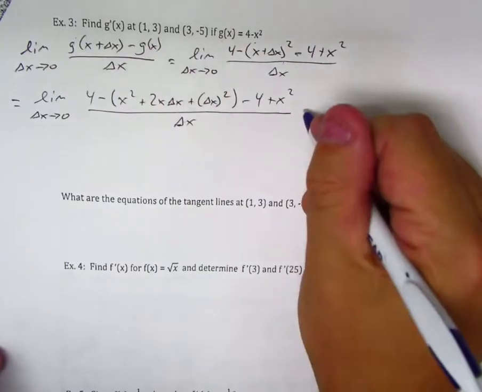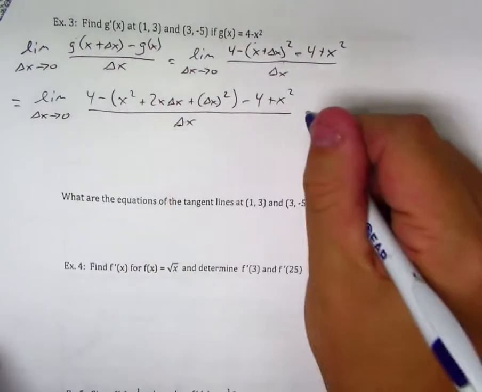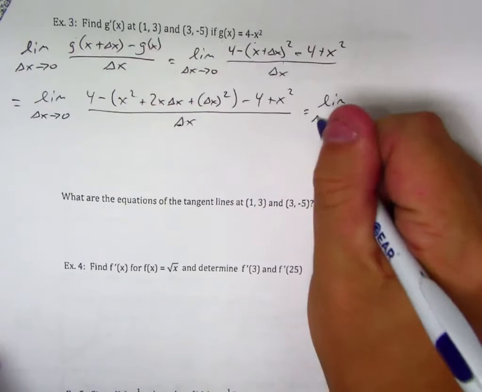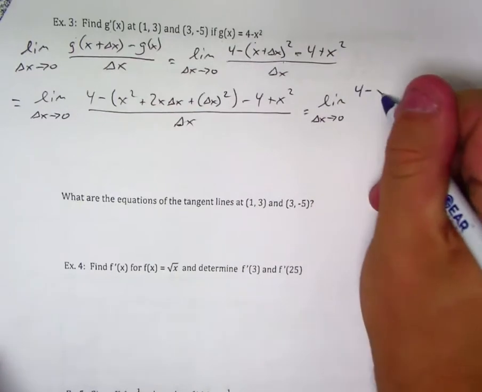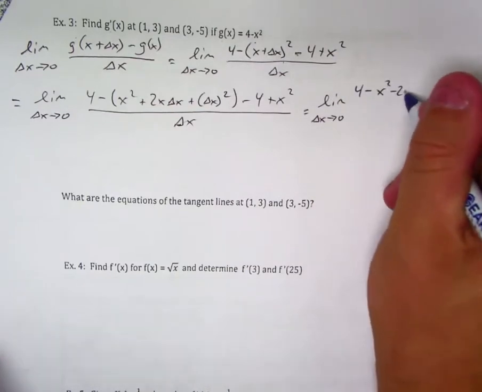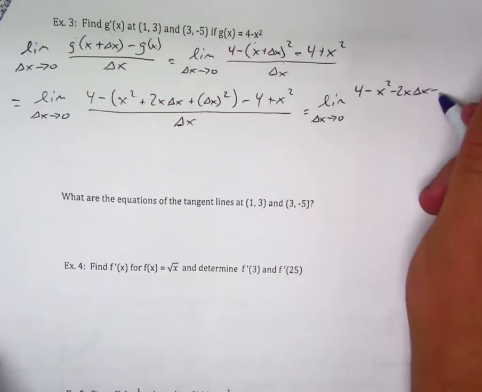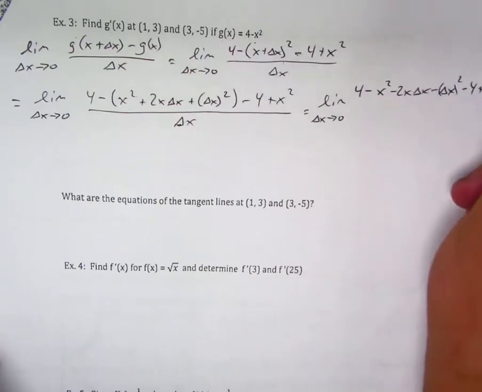Next thing we want to do is distribute that negative. So limit as delta x approaches 0, 4 minus x squared minus 2x delta x minus delta x squared minus 4 plus x squared.